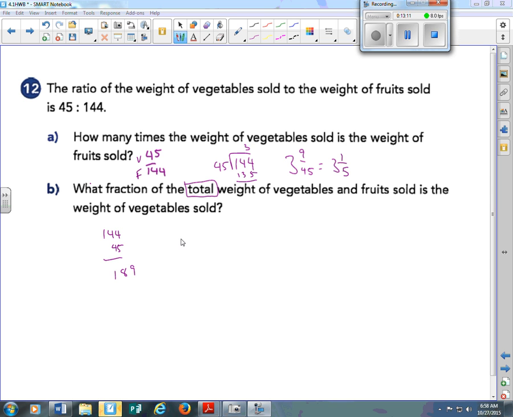What is the fraction of the total weight of vegetables and fruit is the weight of the vegetables sold? So we sold 45 in vegetables and 189 total. And then you need to put that in simplest form, divide both by 9. You end up with 5/21.